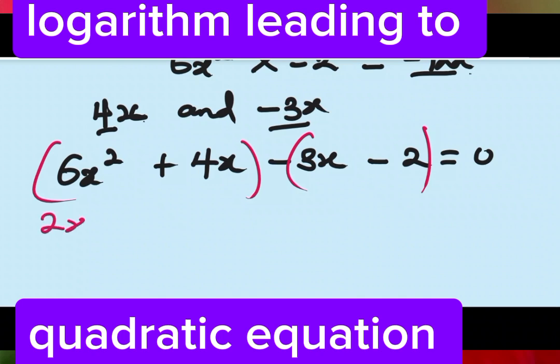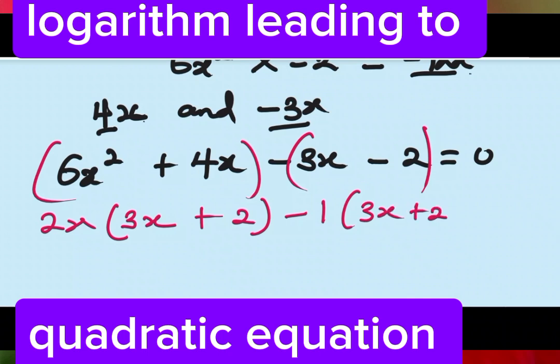2x into 6x squared divided by 2x will give us 3x, plus 4x divided by 2x will give us 2, minus what is common here? 1, times 3x plus 2 equals 0.